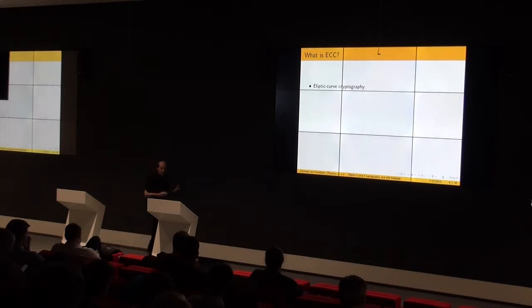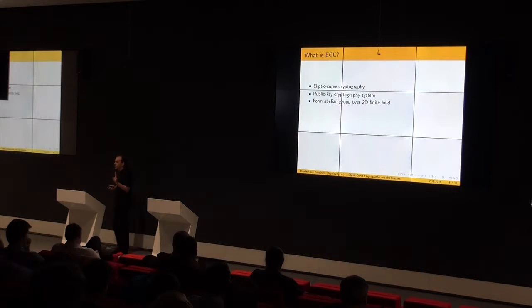That's all. It's a public key cryptography system which leverages the fact that I mentioned earlier, that they form the abelian group. And with this abelian group, you get three important operations you can do.